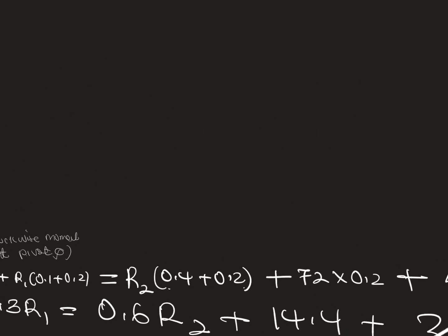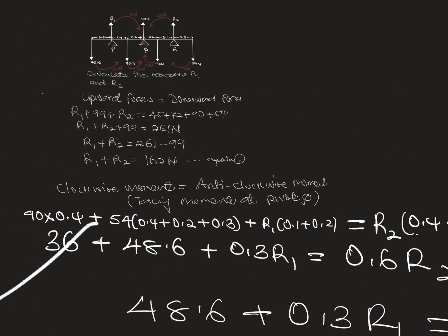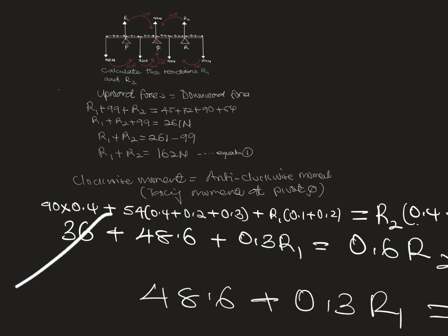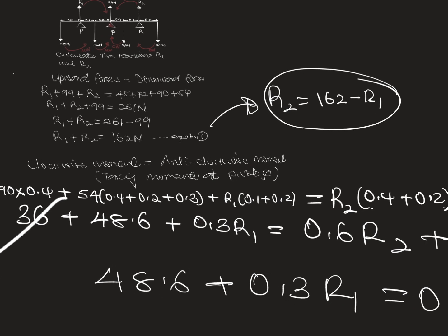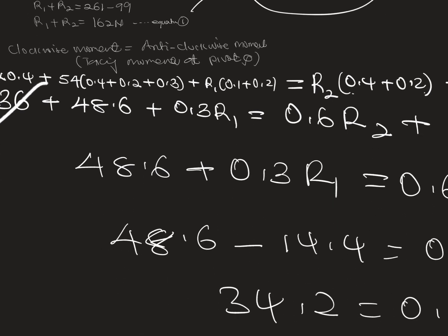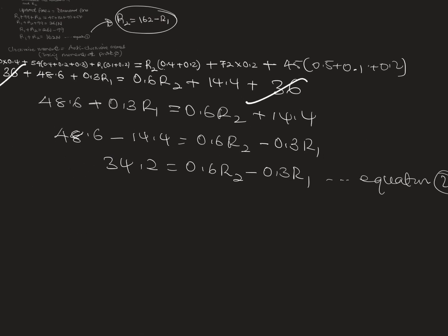If I go back to equation 1, which says R1 plus R2 equals 162, I can make one of them the subject of the formula. Let's say R2, it doesn't matter. So R2 will be 162 minus R1. Wherever I have R2, I can substitute 162 minus R1 in equation 2.